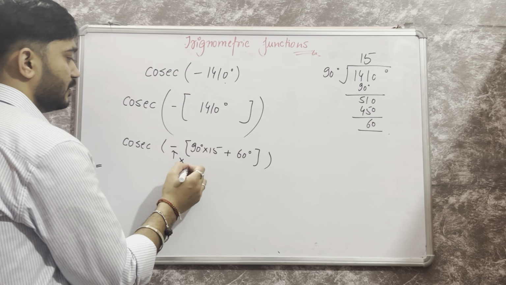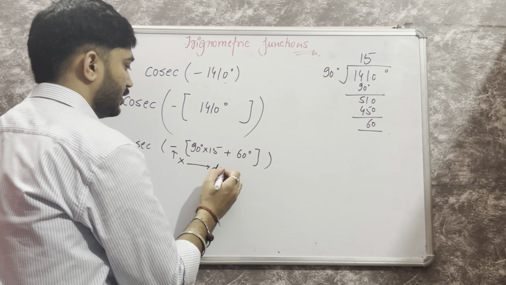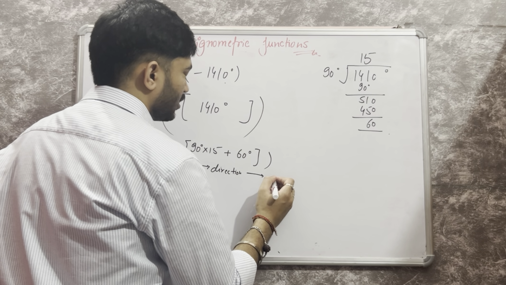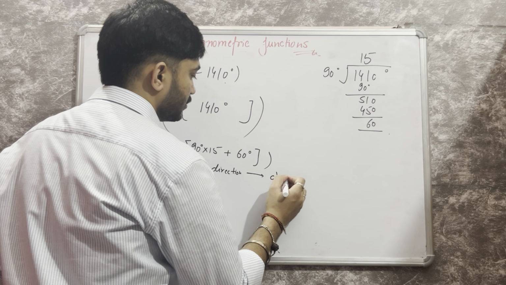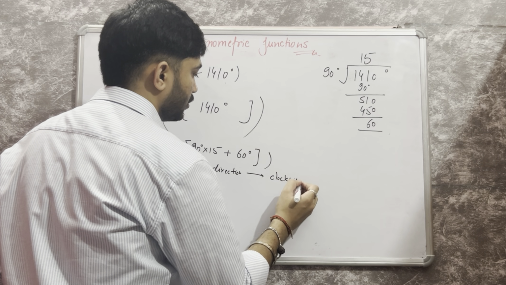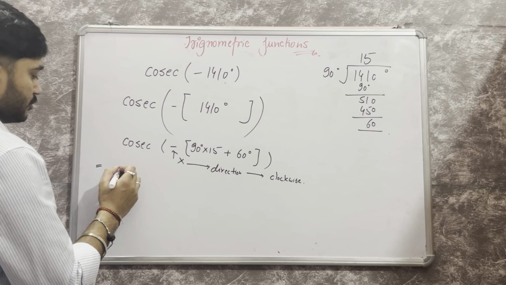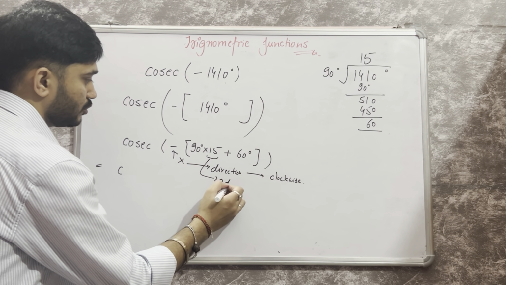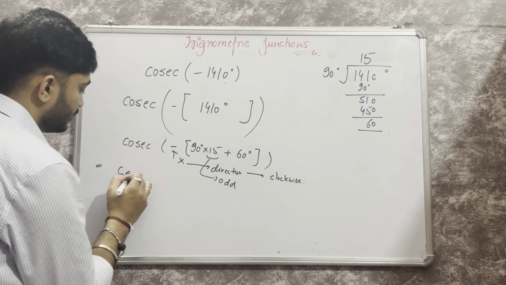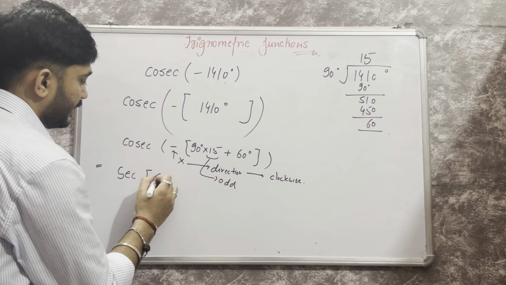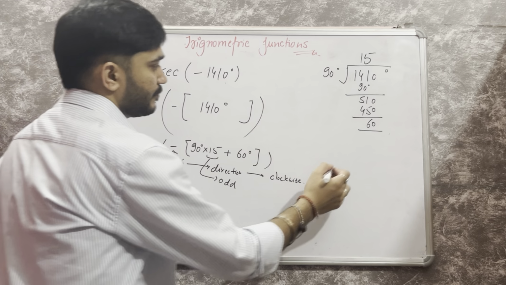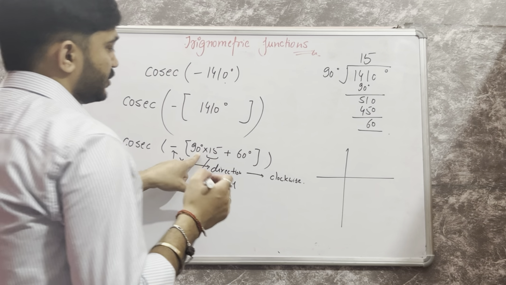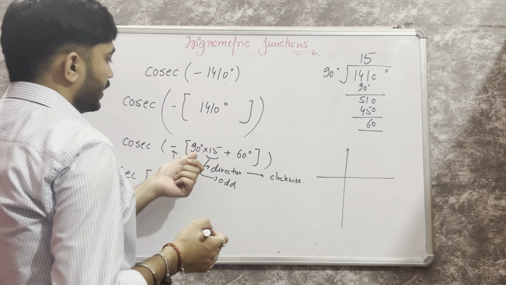This negative just represents direction, that we will move here in clockwise direction. Right, the number here is odd, so the cosec will change itself into sec. Write 60 as it is. Now, in which quadrant will it be located?